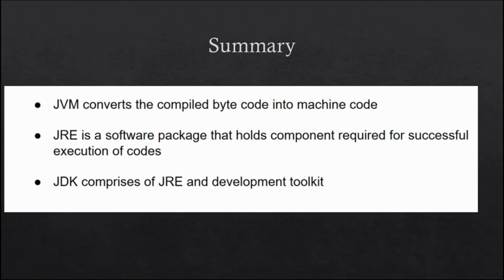Next is JRE. It is the combination of all the software packages that hold the components required for the successful execution of your code. So yes, it's the runtime environment with all the required software packages, libraries, and files. This is the runtime environment.